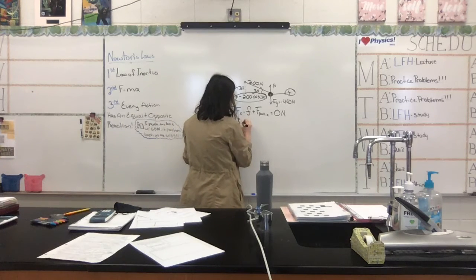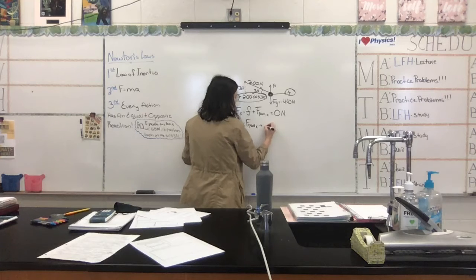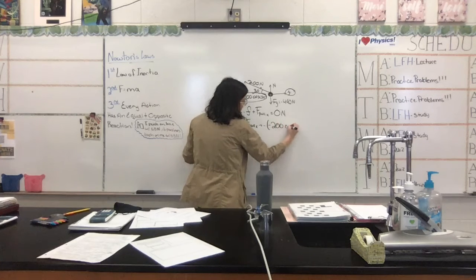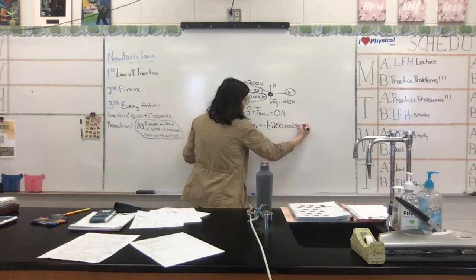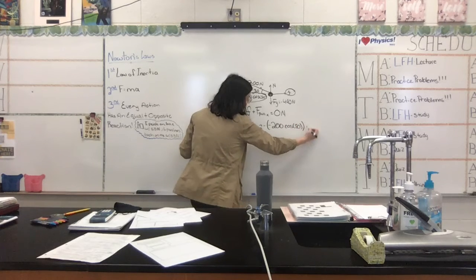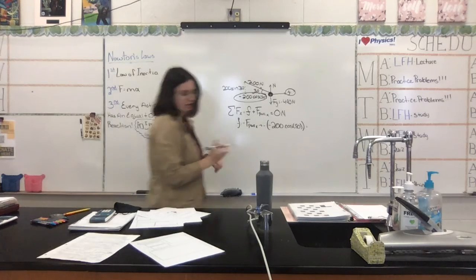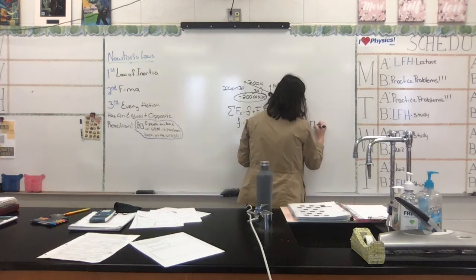Which means our friction will be equal to the negative pull of the X. So friction is equal to negative 200 cosine of 30, which is equal to 173.21 newtons.